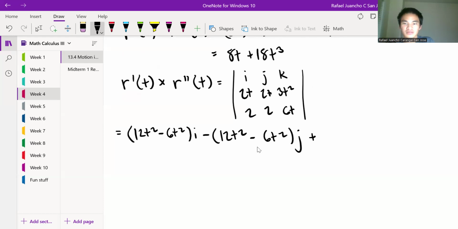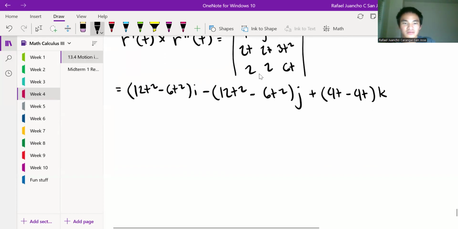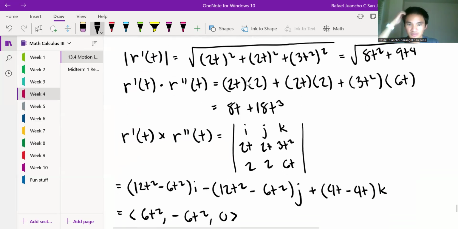That's my j. Then I add. Here I get 2t times 2, so that's 4t, minus 4t. Oh, I get 0 for k. And so I have a vector that's 6t squared, minus 6t squared, 0. So that's my cross product.